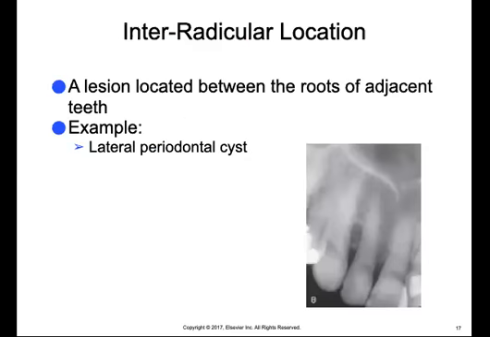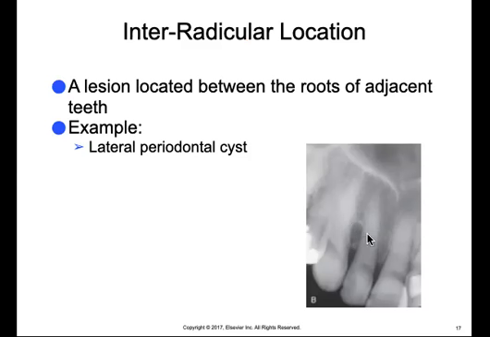Next, we have an interradicular location, and this is a lesion that's located between the roots of adjacent teeth. For example, here we have a lateral periodontal cyst. So that's just talking about in between the roots.